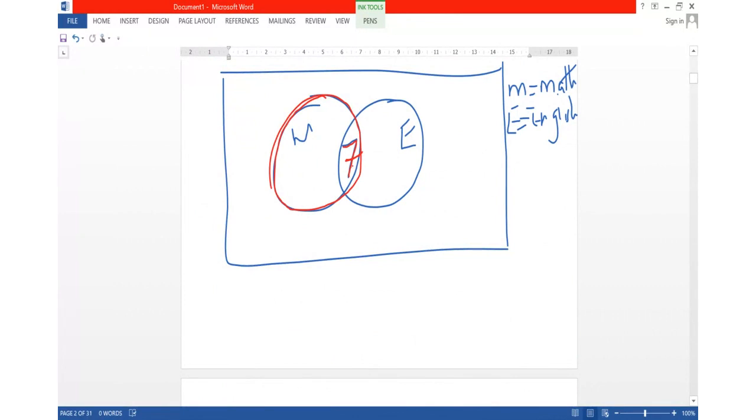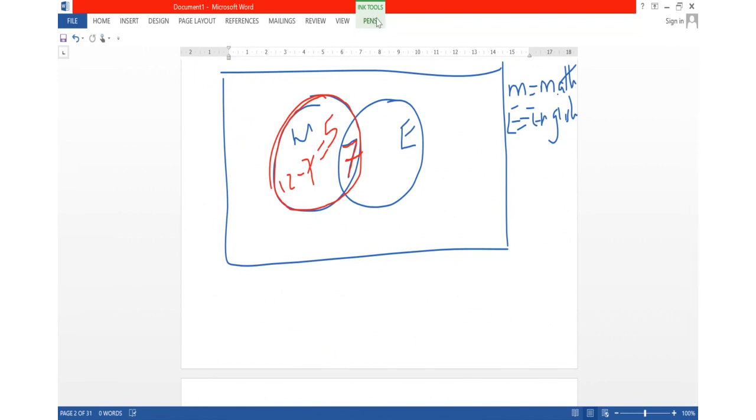We need 12, so we subtract the 7 because we have already listed it. 12 minus 7 gives us 5 students. So 5 students are the only ones who are doing maths alone.